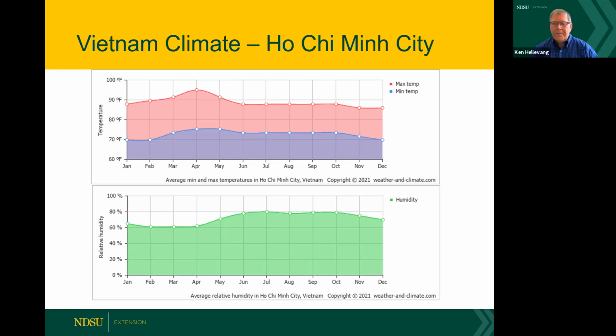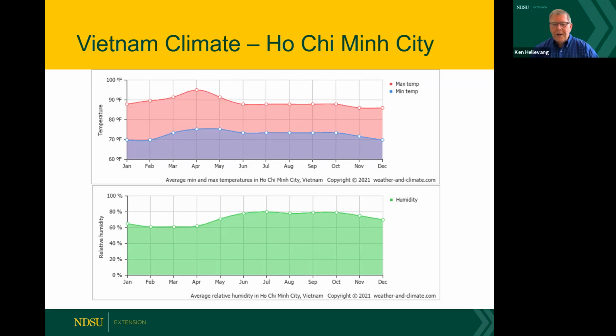It shows the maximum and minimum temperature as we go through the year. We see a fairly uniform temperature, averaging around 80 degrees. And I'll show you in a little bit that temperature creates an environment very conducive for insect infestations.